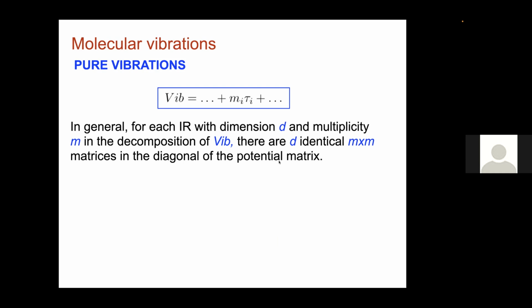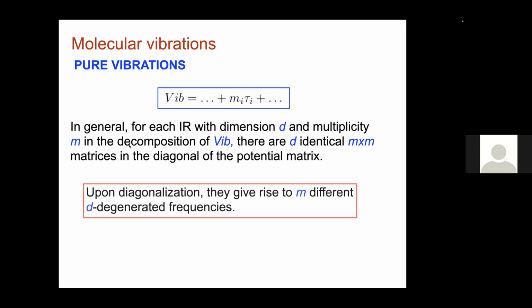Okay? So the multiplicity gives you the dimension of the block matrix, and the dimension gives the repetition, how many times this matrix appears. Okay?